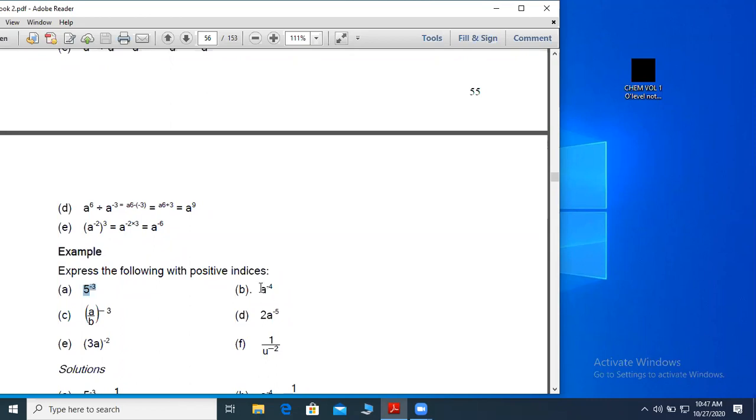So what about 8 power negative 4? Someone tell us, what will it be equal to? People, please be active, save time, say something. Even if it is wrong, we shall correct you. I want us to move together.